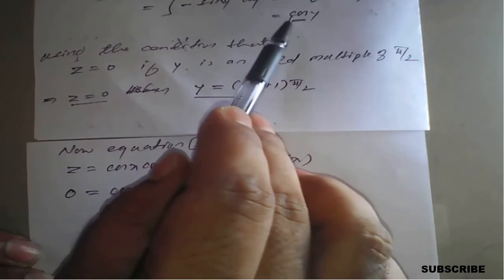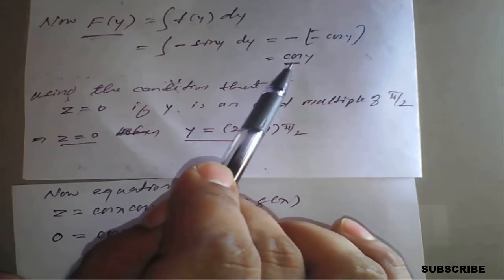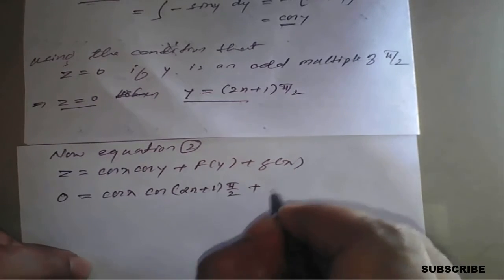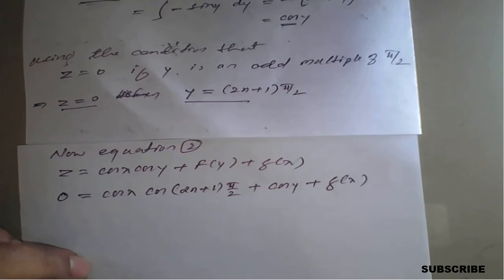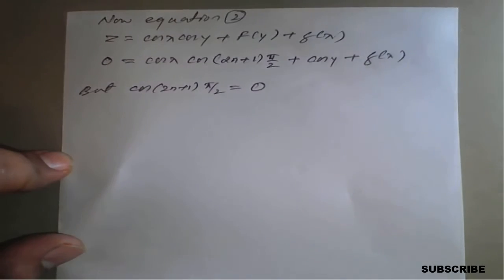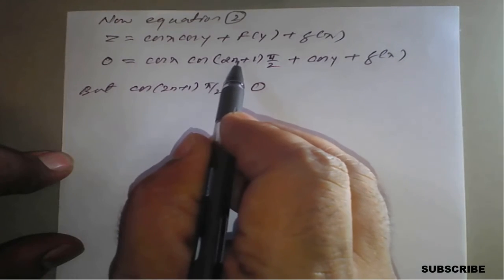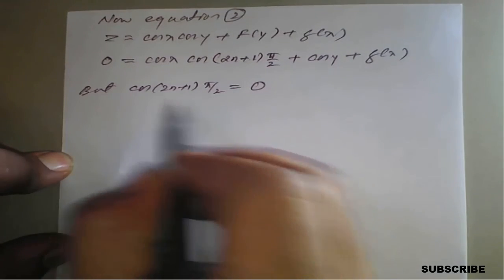Capital F of y we got the answer cos of y, so we'll apply that value here. Capital F of y is nothing but cos of y, and we don't know the value of g of x, so it stays as it is. On simplification, remember cos of 2n plus 1 of pi by 2 is always 0.